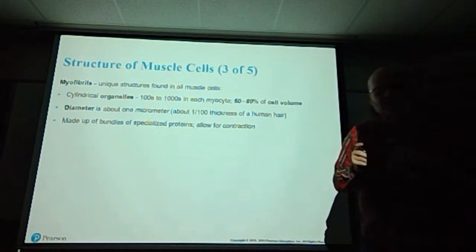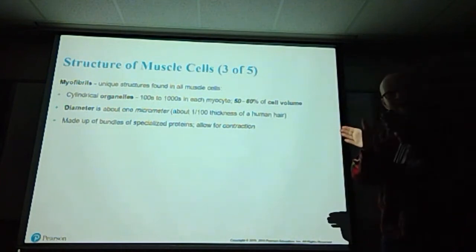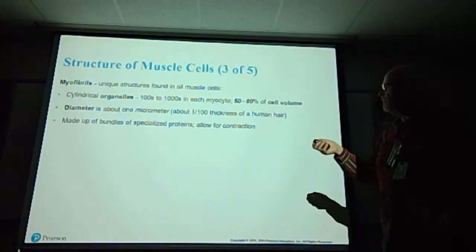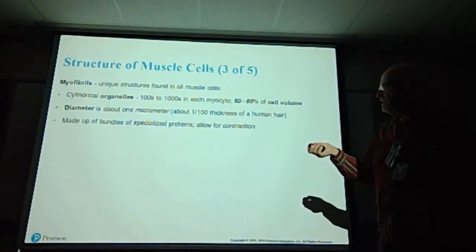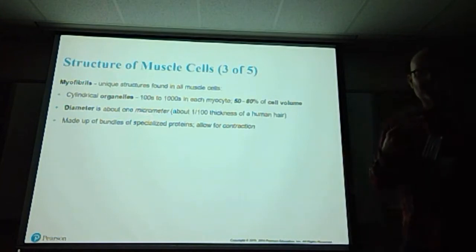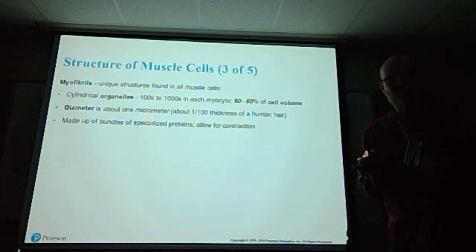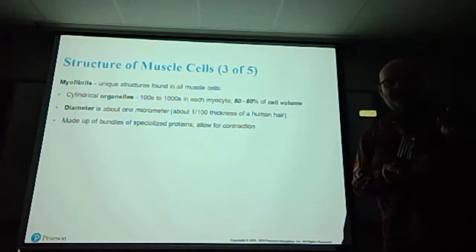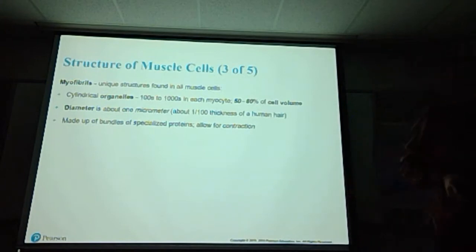If you take that millimeter and divide it lengthwise into 1,000 pieces, each one of those pieces is a micrometer. A micrometer is 1/1,000,000th of a meter. So if we took this meter stick and sliced it lengthwise into 1,000,000 pieces, each piece would be a micrometer. Myofibrils are made up of bundles of specialized proteins which allow for contraction.